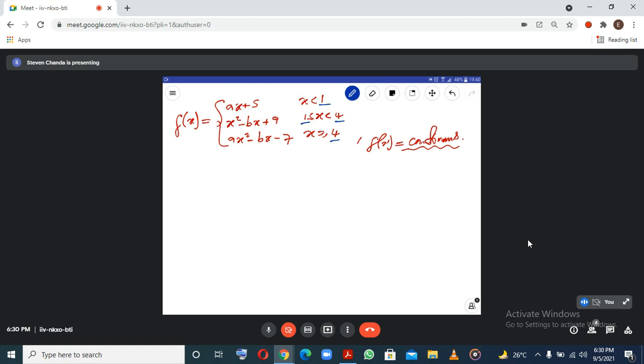So you make an equation, because this function is continuous, so when I plug in 1 into the first equation and I plug in 1 into the second equation, I'm going to get the same value. Let's take it step by step like that, right?